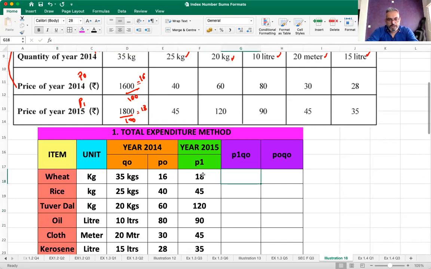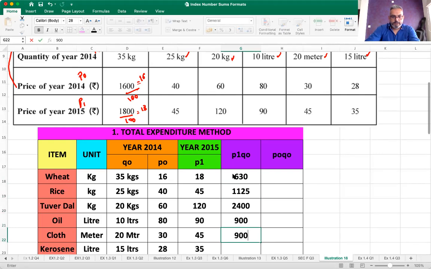Let's find out P1Q0. So this into this. Take a calculator. 18 into 35, 630. 45 into 25, 1125. 120 into 20, 2400. 10 into 90, 900. 45 into 20, 900.